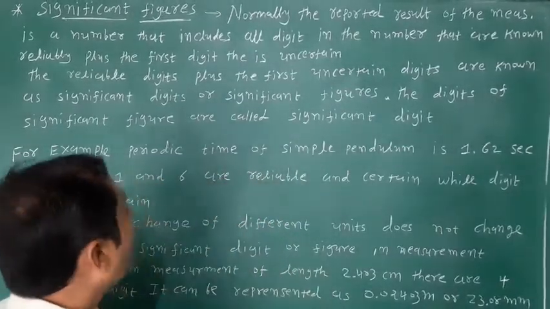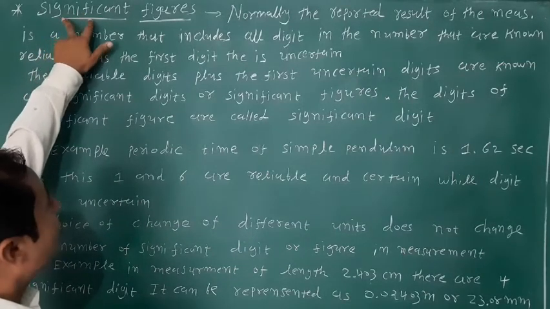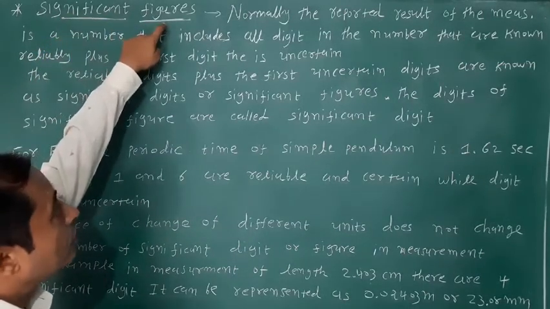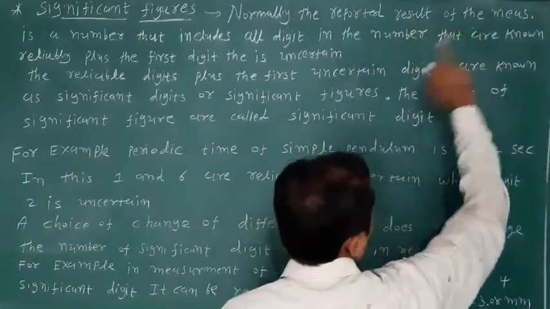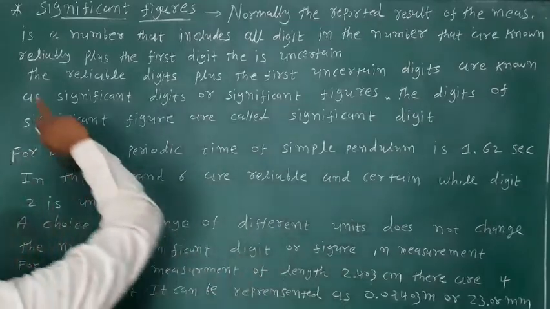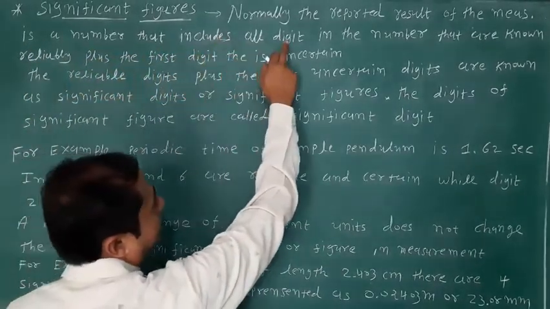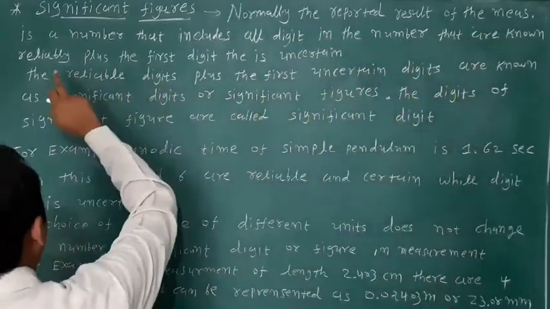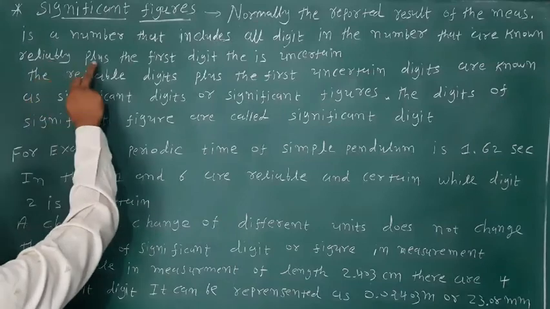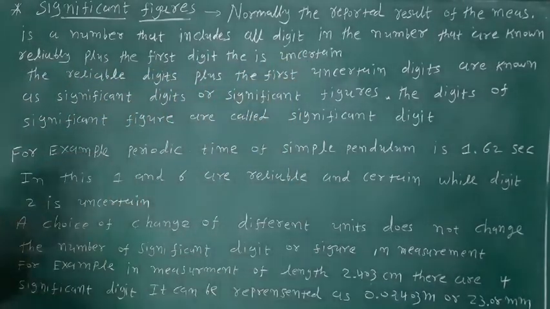Friends, first of all, what are significant figures? Normally the reported result of a measurement is the number that includes all digits that are known reliably, plus the first digit that is uncertain.